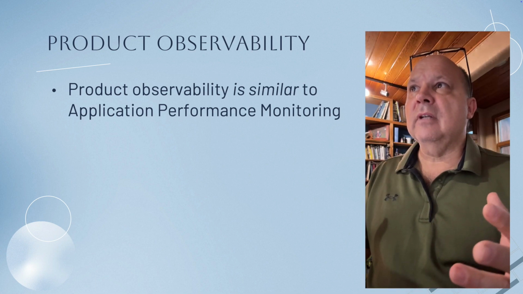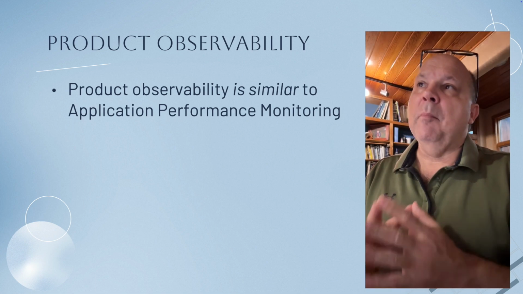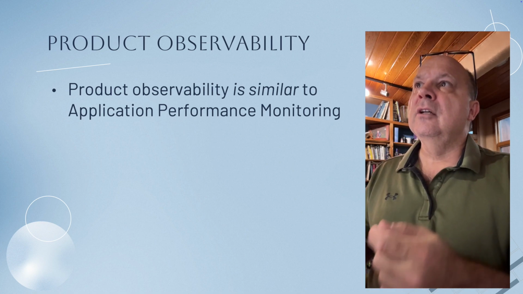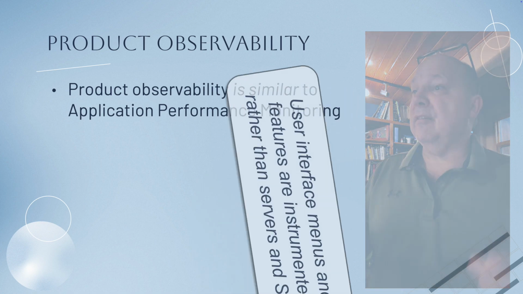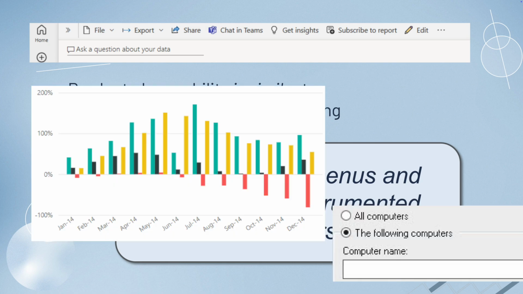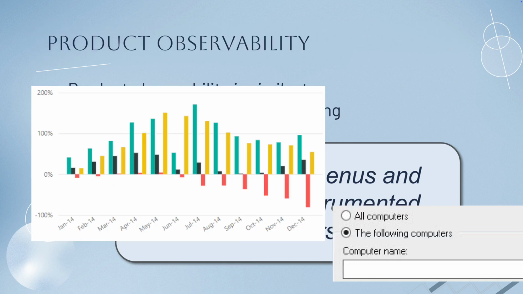And it's similar, as we said, to APM, but instead of instrumenting SLIs on the server side, we're instrumenting the user interface itself, the menus, the dashboards, clicking of radio buttons, etc.